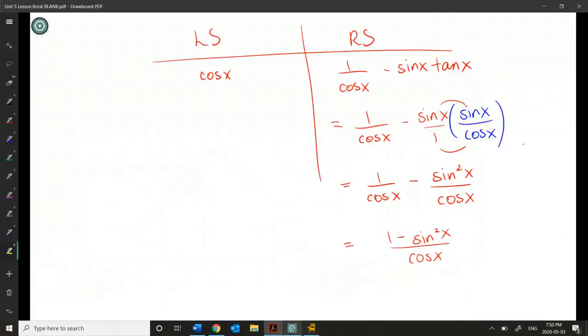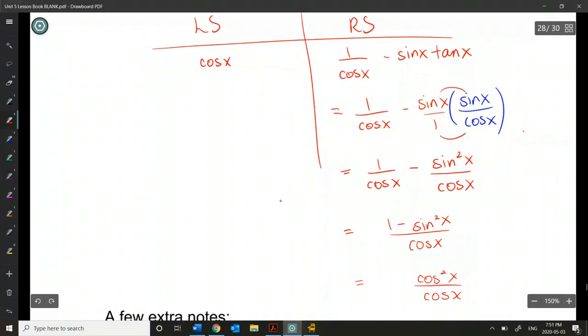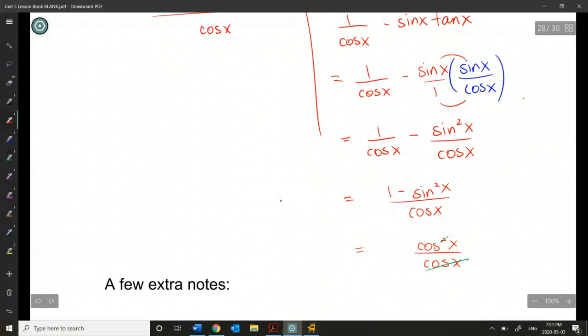So we're just going to replace 1 minus sine squared x with cos squared x. And now I have cos squared x divided by cos x, which means that I can cancel out 1 from each of these, and I'll simply be left with cos x, which is what we have on the left side.